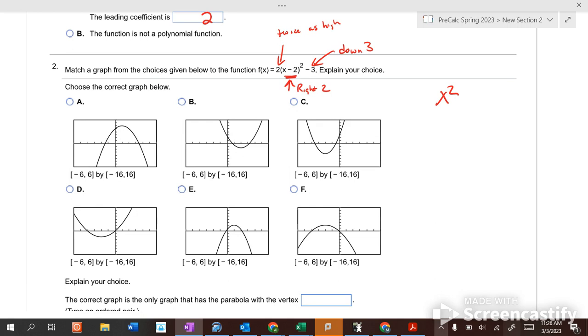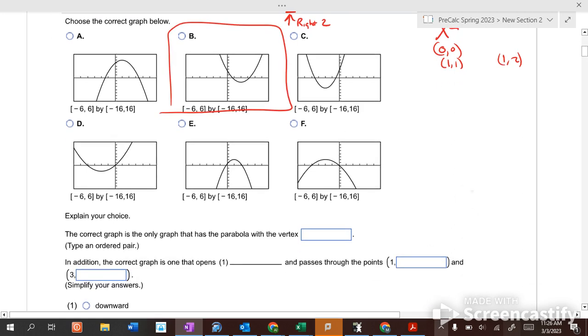So instead of being at 1, 1, because we start out at 0, 0, and then we go to 1, 1, this will make it go to 1, 2. So it'll be skinnier, basically. Okay? So over to the right 2, down 3, to the right 2, down 3. The only one that hits right 2 and down 3 is this one, isn't it?